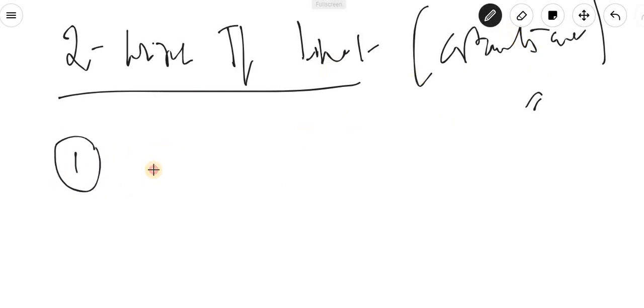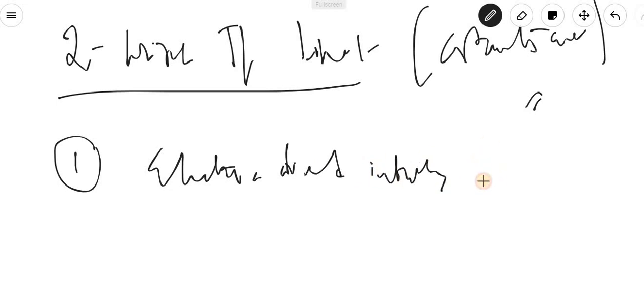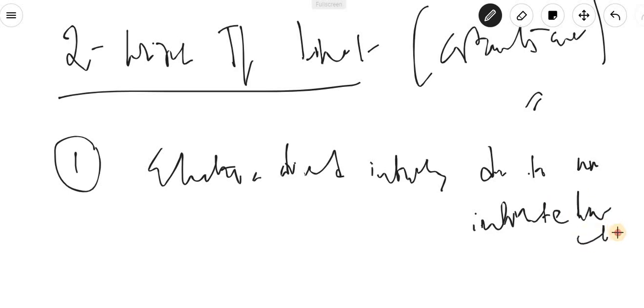So we have to know about these things. First, we have to know the electric field intensity due to an infinite line charge. That means for a line distribution, what will be the electric field intensity?